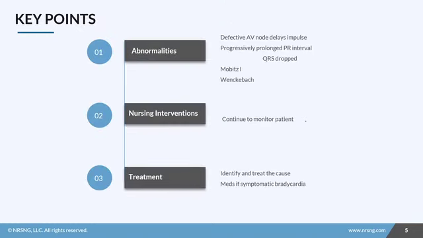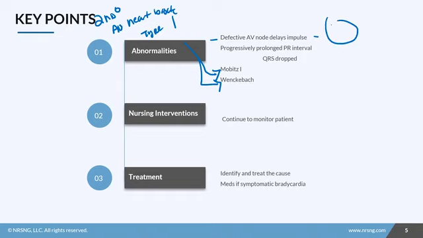So the key points from this lesson are to remember the abnormalities of second-degree AV heart block type 1, also called Mobitz 1, also called Winky Bop. And basically the AV node is defective, so it delays the impulse from getting from the atria all the way down to the ventricles. And it does this by progressively prolonging the PR interval.